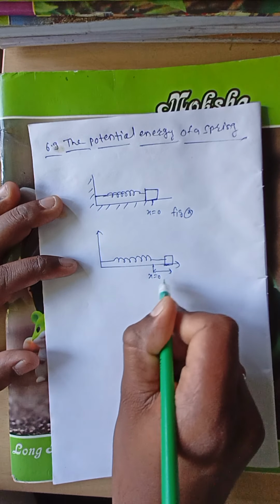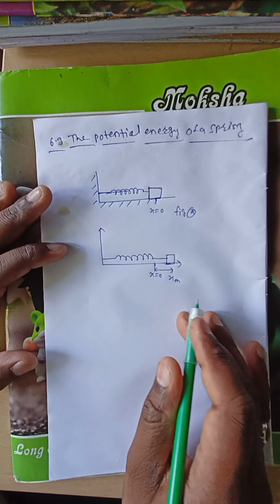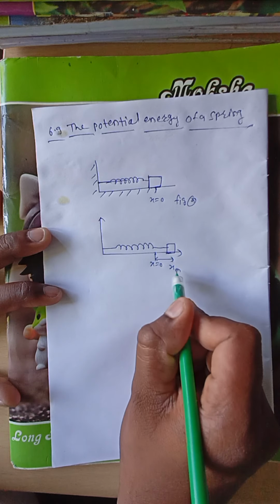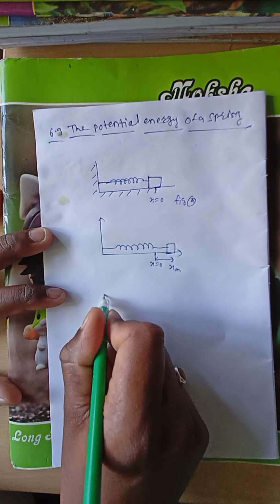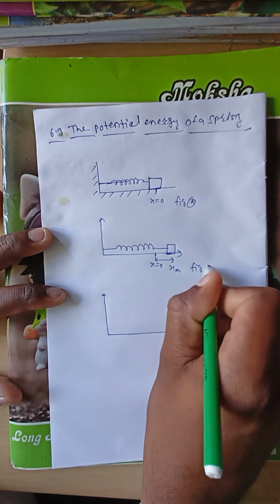In that case, the displacement is xm. Initially the block is put at the equilibrium position, x is equal to 0. If you apply an external force and the block is pulled in an outward direction, then the displacement is xm. This is the figure B.